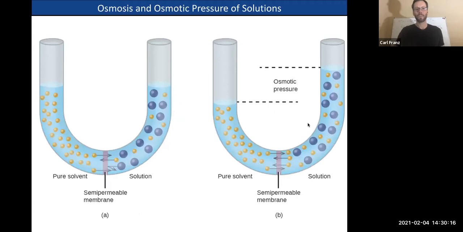Now, the image on the left is of a pure solvent on the left side of the semi-permeable membrane, and then a solution on the right side, okay? And that is without any osmotic pressure, and as you can see, the two levels in this U-shaped tube are the same, right here.